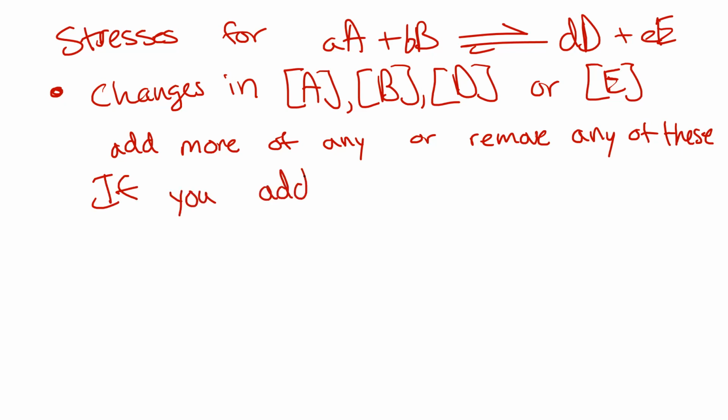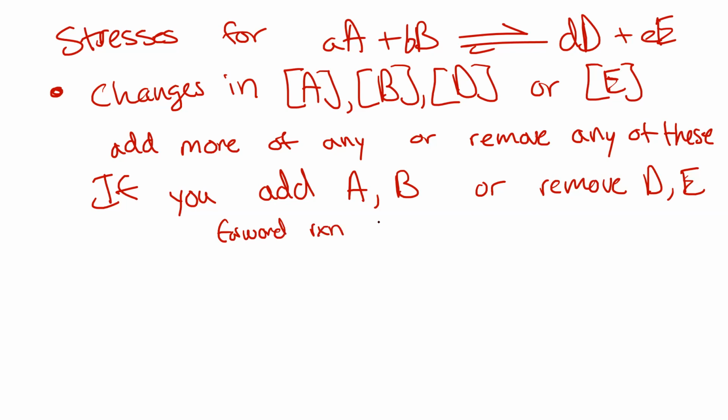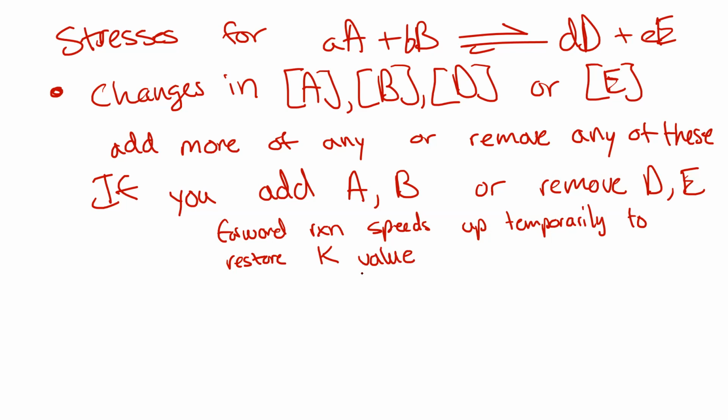If you add A, B, or remove D and E, the forward reaction speeds up temporarily to restore the K value. Okay.